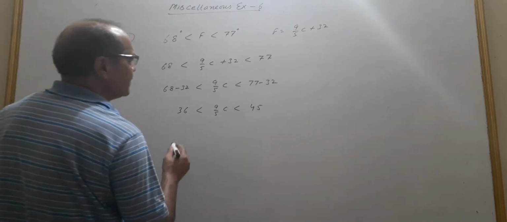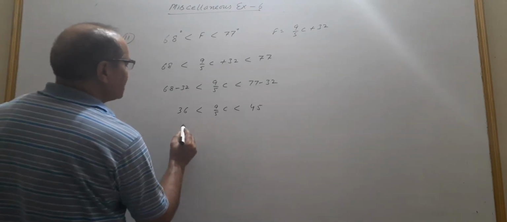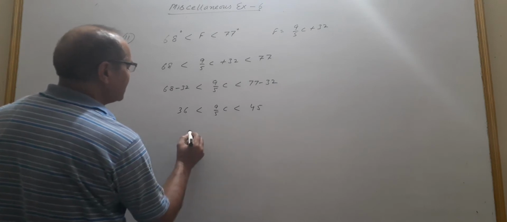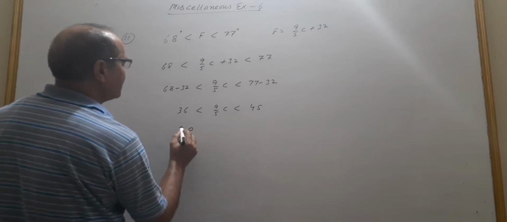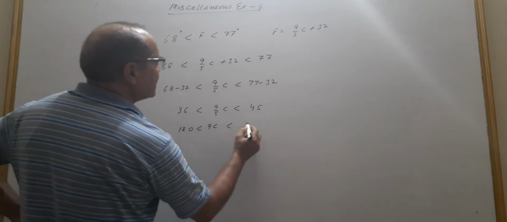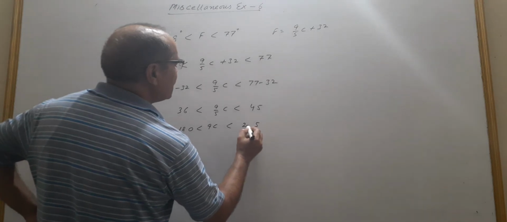Then multiply this by 5 to make it free from 5, so this will be written as 180 is less than 9C is less than 225.